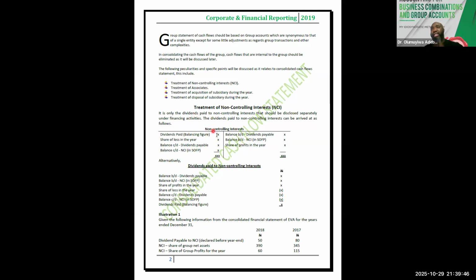Now, whether I use a T account or do it vertically, remember, non-controlling interest is equity within the group, but it is the equity attributable to other shareholders outside the parent.